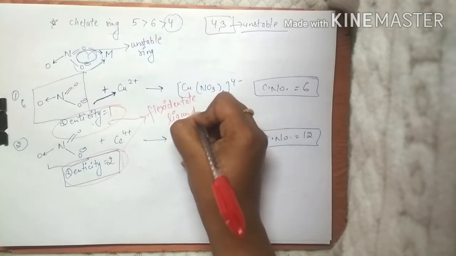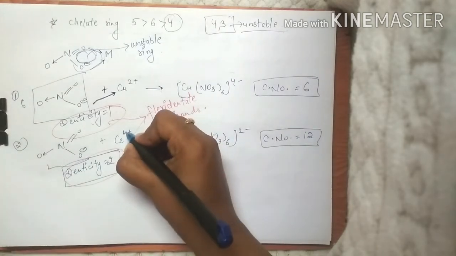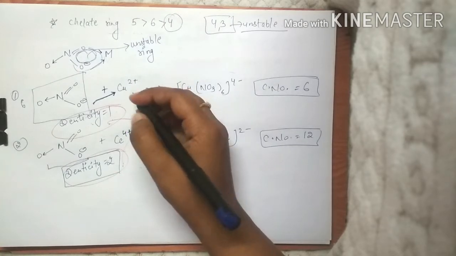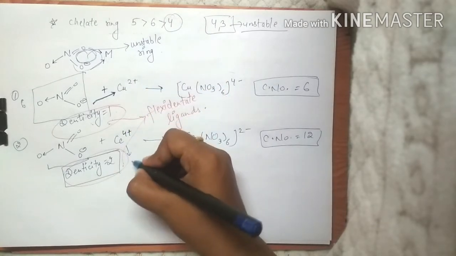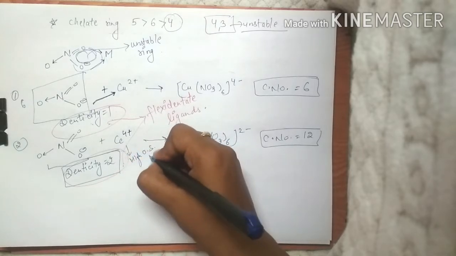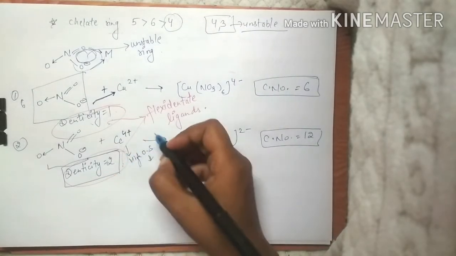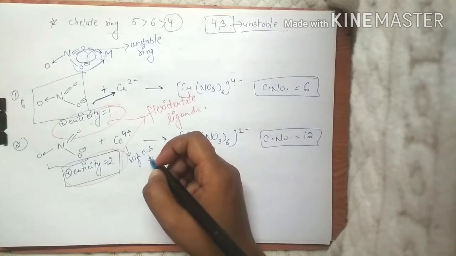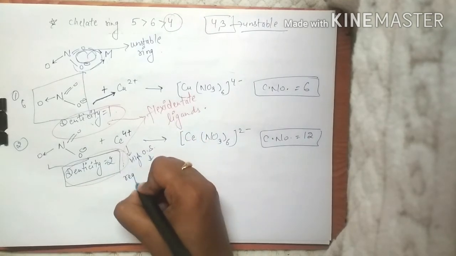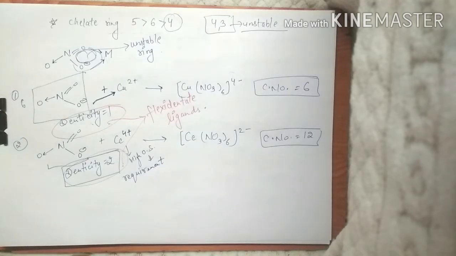Also, one thing to note down here is that cerium is present in a high oxidation state, right? So here there is a requirement of high coordination number.